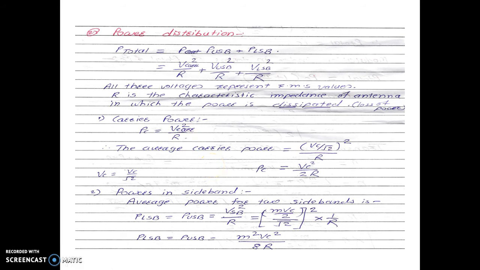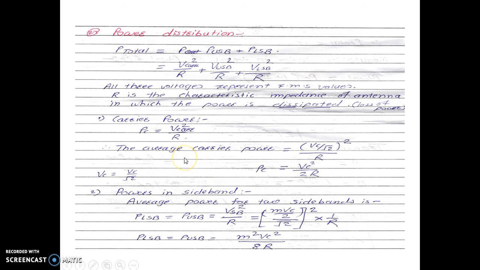As we know, for the average or RMS power we divide the voltage by square root of 2. So Pc is equal to Vc divided by square root of 2, whole square, divided by R. Here the carrier power Pc is equal to Vc square divided by 2R.